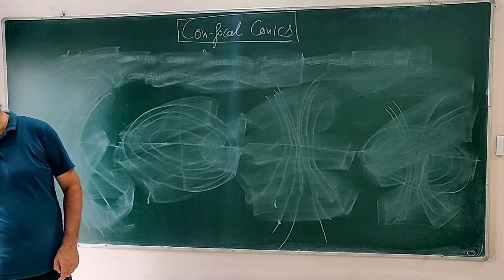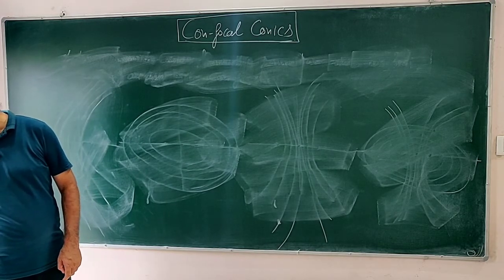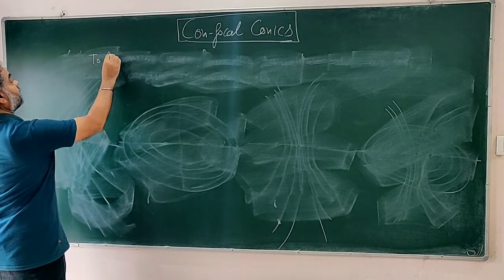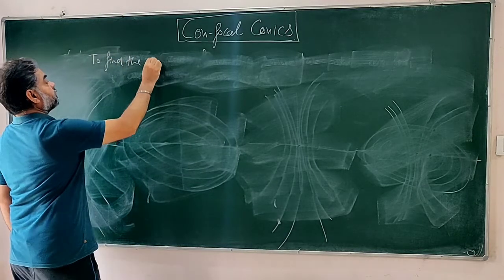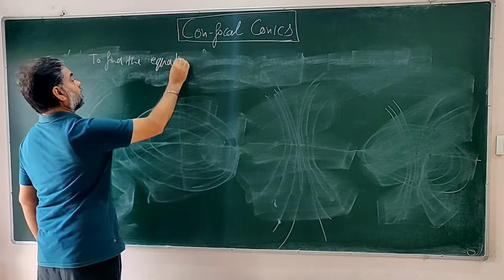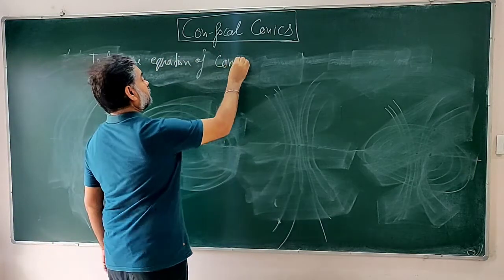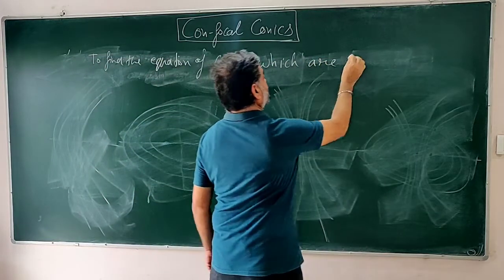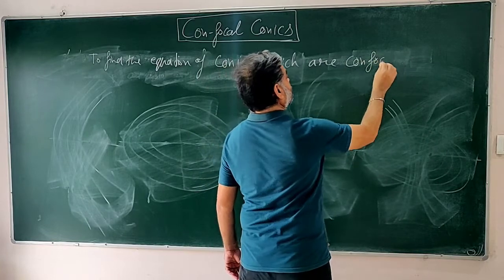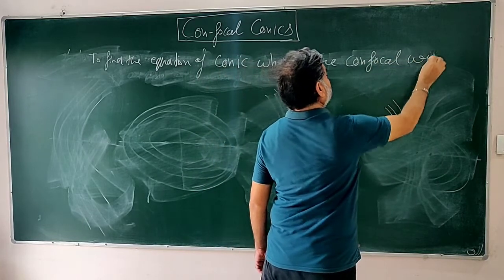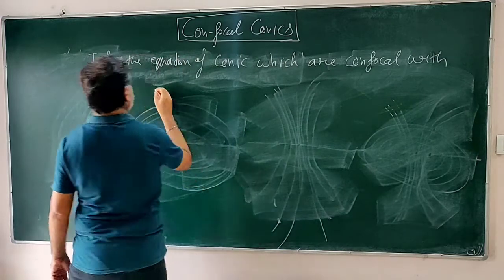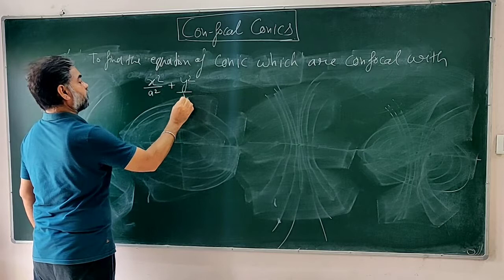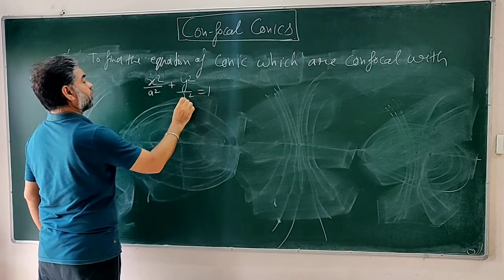So first of all, we have this article: to find the equation of a conic which is confocal with this conic, x square over a square plus y square over b square is equal to 1.